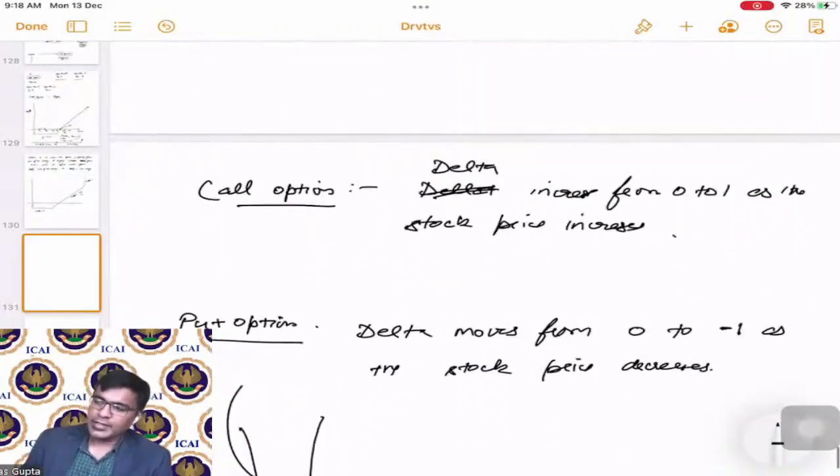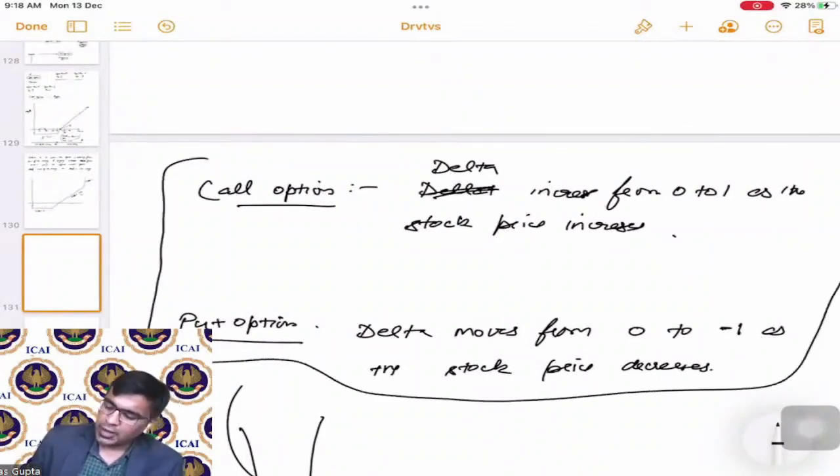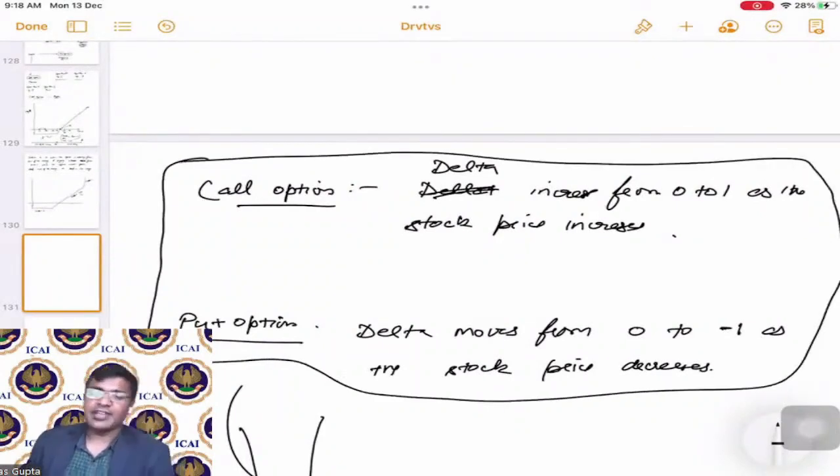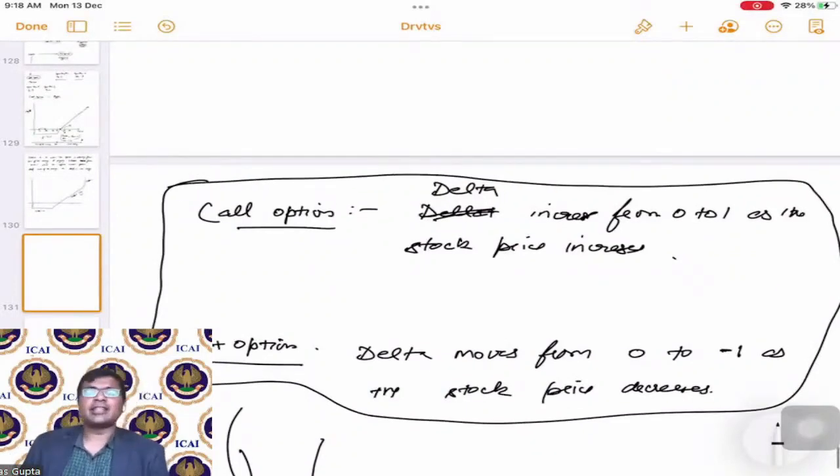See, students, the main point to be remembered is this. The rest is just logical building that we have done, and even the calculation of delta was just to see whether what we are saying holds true. For the call option, delta increases from 0 to 1 as the stock price increases.